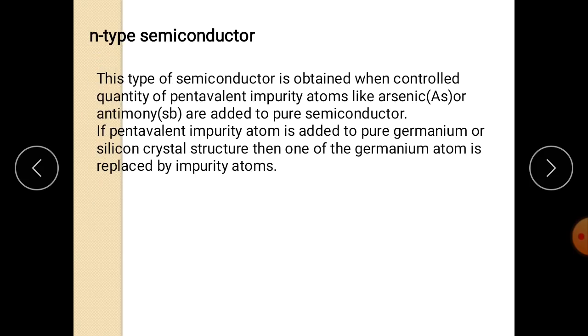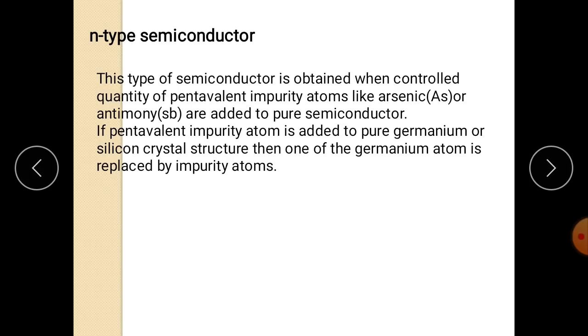N type semiconductor. This type of semiconductor is obtained when a controlled quantity of pentavalent impurity atoms like arsenic (As) or antimony (Sb) is added to a pure semiconductor such as pure germanium or pure silicon.